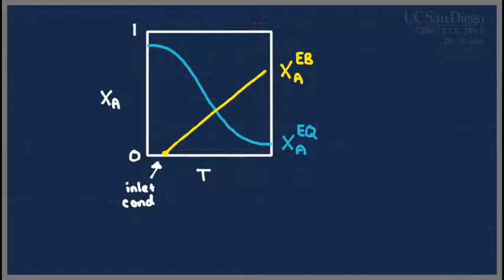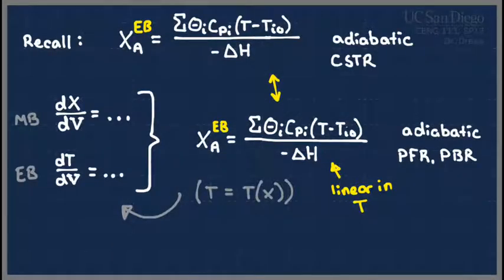The other inlet condition that you have, the slope of that is based on theta I, which is an inlet condition, and the intercept is based on the inlet temperature. How do I know it's based on those things? I'm just looking at this expression. There's a Ti0 sitting here, and there's a theta I sitting over here. If you rearrange those, that's what happens when you have a straight line.